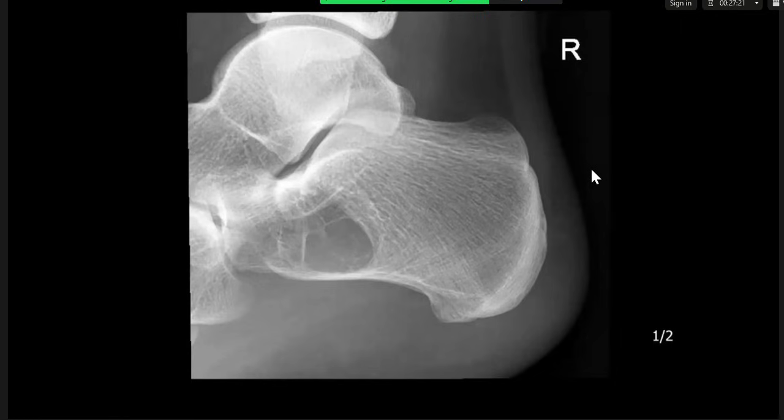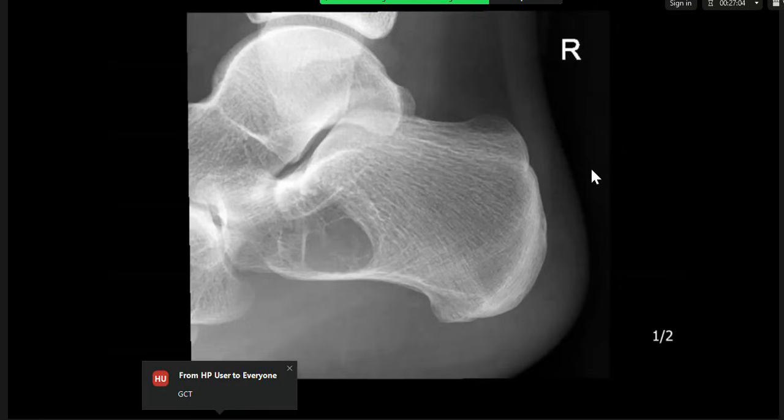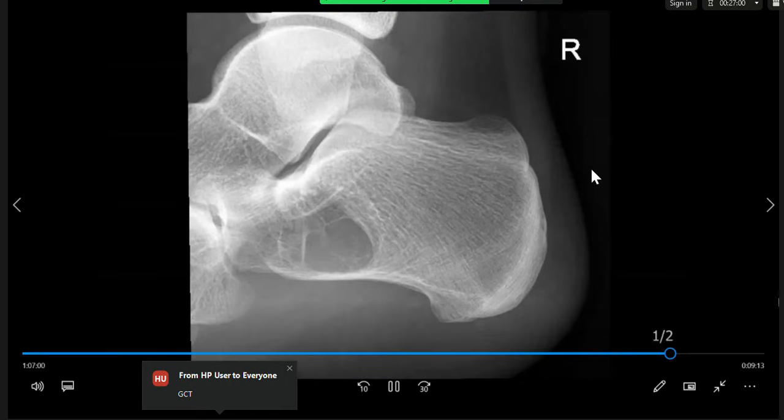Yes, please. This is a lateral radiograph of the right calcaneum of a skeletally mature patient. There is a well-defined lucent lesion in the mid to anterior part of the calcaneum, which is predominantly lucent, but there are some speckles of calcification within it.